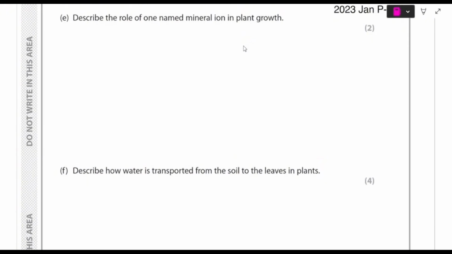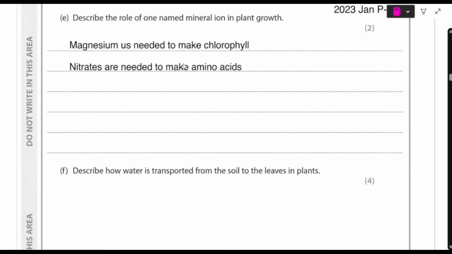Nitrates help to make the amino acids, and magnesium helps to make the chlorophyll for photosynthesis. So this is a straightforward answer: magnesium is needed to make chlorophyll and nitrates are needed to make the amino acids.